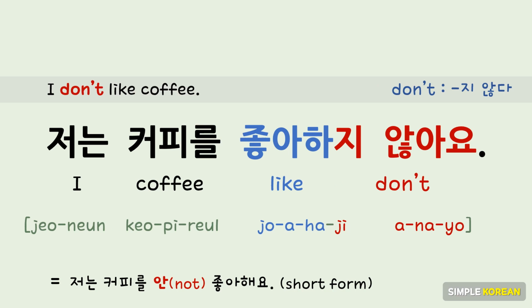When making a negative sentence, the negative marker comes before the verb in English, but the negative marker comes after the verb in Korean. We have another short negative marker 안 placed before word, but the conjugated form of negation 지 않아요 is placed at the end of Korean sentence. 저는 커피를 좋아하지 않아요.